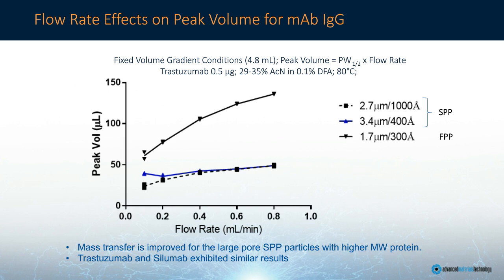Now, what happens when you adjust the flow rate on these materials? Time is of the essence, and if you can, you want to speed your analysis up, within reason, to have reasonably performing analytical methods.